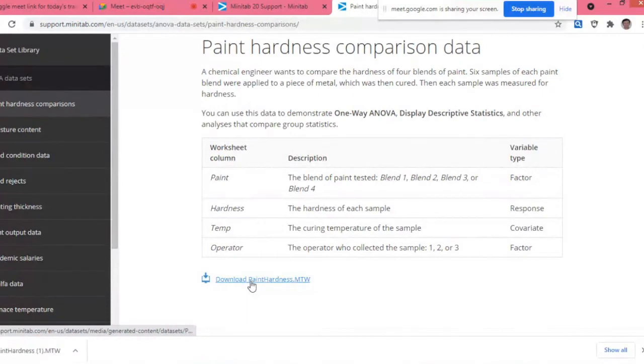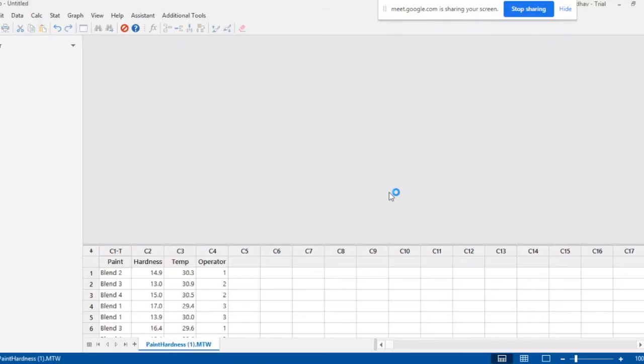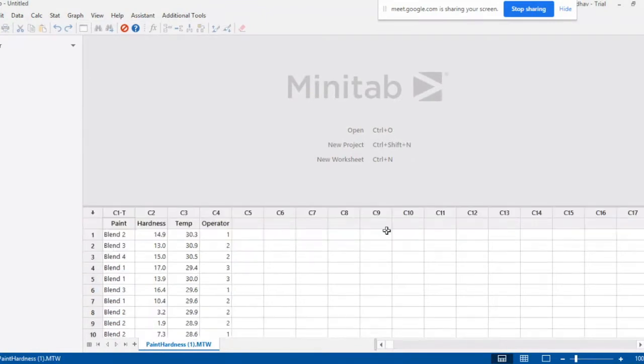Please download this file, and once it is downloaded, you can open it. So hardness is the response, paint is your factor, and we have 4 blends. In total we have 24 observations.